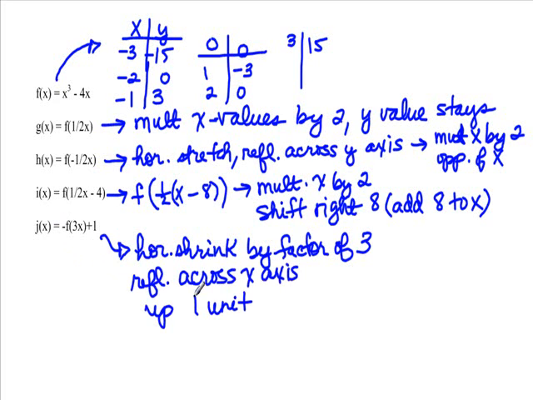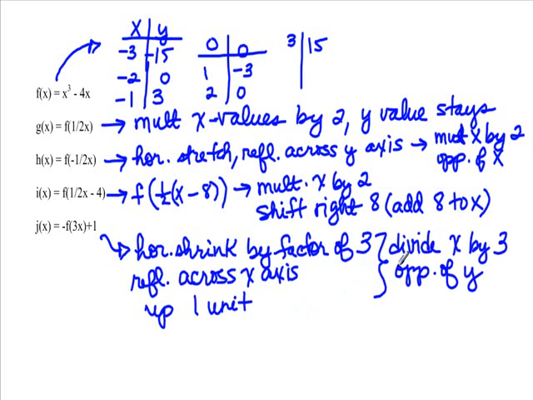So think about the specific things that we do to the original x and y values. We would have to first divide the x by 3, or you can think of it as multiplying by 1/3, whichever way you want to do that. Reflect across the x-axis is going to take the opposite of y, and then up 1 unit will add 1 to the y.